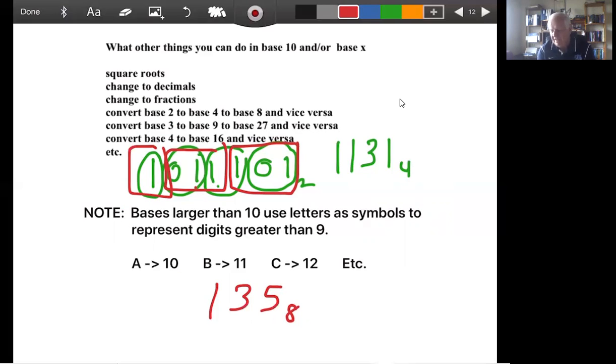Base 16 has A, B, C, D, E, and F: A for 10, B 11, C for 12, D for 13, E for 14, F for 15, because base 16 has digits from 0 to 15, but you can't put double digits in a single spot. So we use letters A, B, C, and so on along the line.